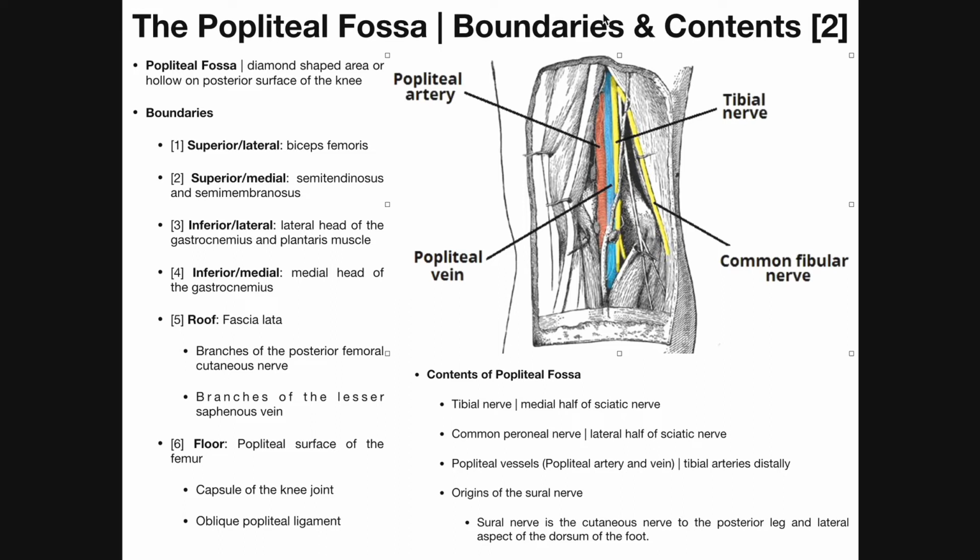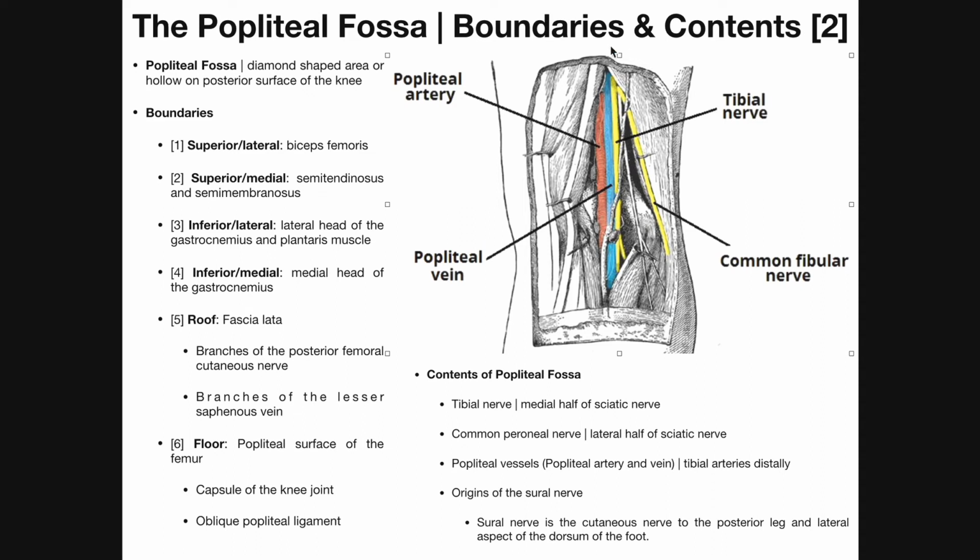So the femoral artery really exists up here, but as soon as the femoral artery exits the adductor canal through the adductor hiatus, it goes into the popliteal fossa and it changes names to the popliteal artery, and the same thing goes for the vein. Up here it would be the femoral vein. Once it exits the adductor hiatus into the popliteal fossa, it becomes the popliteal vein. And so this red one is the popliteal artery, blue one popliteal vein.